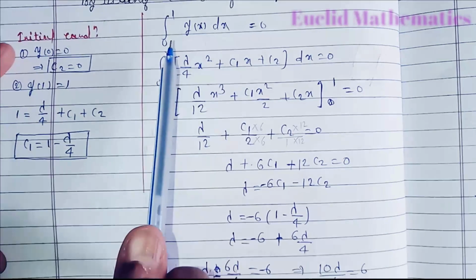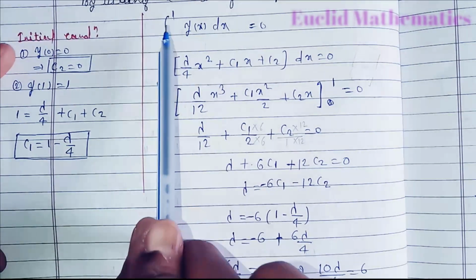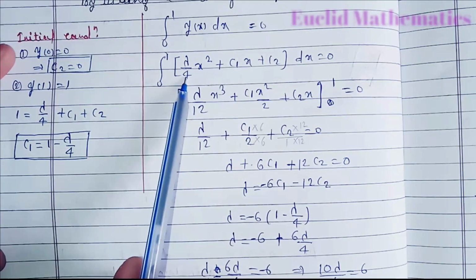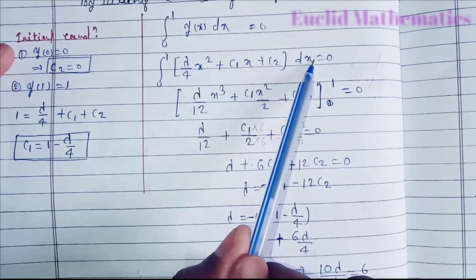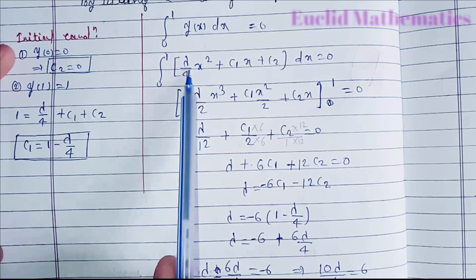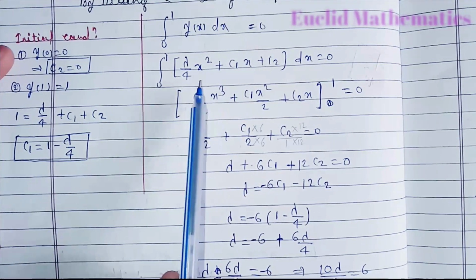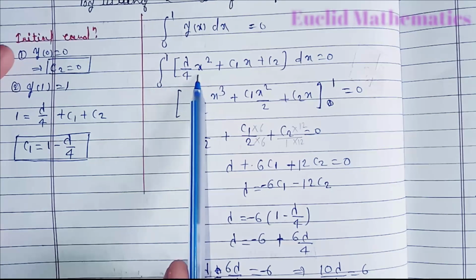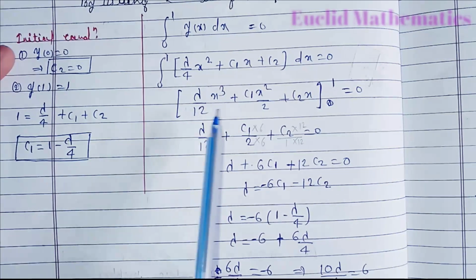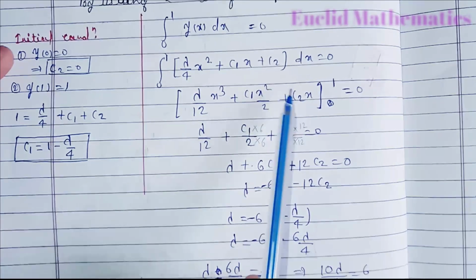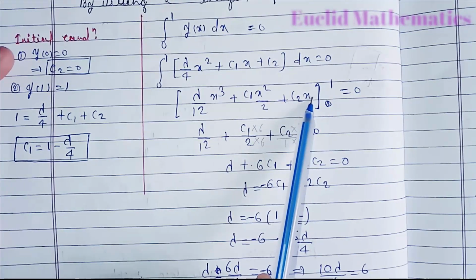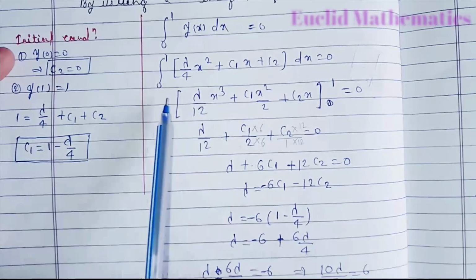The value for y of x is lambda by 4 x square plus c1x plus c2, dx. Integrate it further. Lambda by 4 remains the same, as it is a constant. The integration of x square is x cube by 3; 3 multiplied by 4 gives a denominator of 12. Plus c1x: the integration of x remains x square by 2, plus c2, a constant, whose integration with respect to x gives x. And apply the limit 0 to 1.